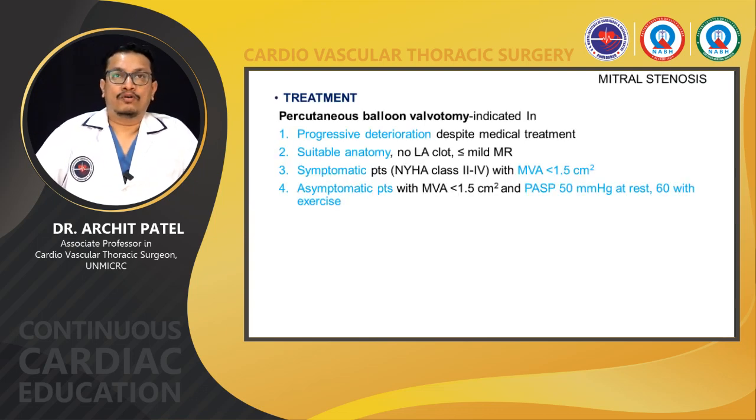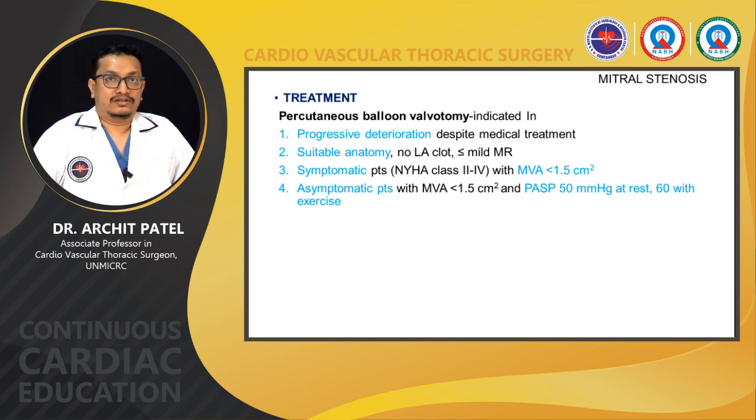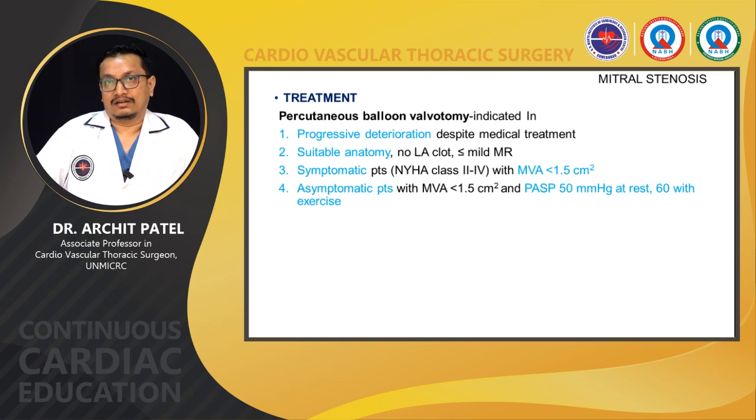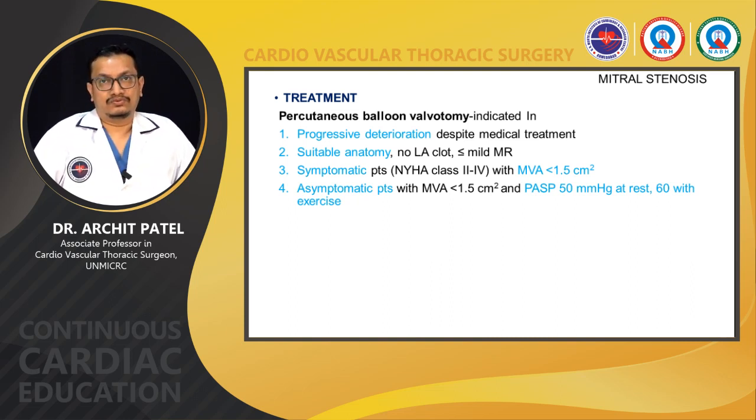Treatment may be in the form of BMV, that is percutaneous balloon valvulotomy, indications of which are progressive deterioration despite medical treatment, suitable anatomy, no LA clot, no or mild MR, patient symptomatic NYHA 2 to 4 with mitral valve area less than 1.5 cm square, and asymptomatic patients with mitral valve area less than 1.5 cm square and PASP 50 mmHg at rest, 60 with exercise.